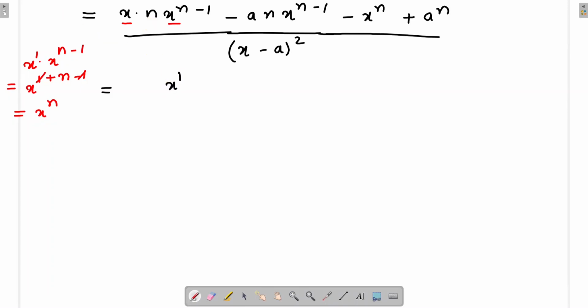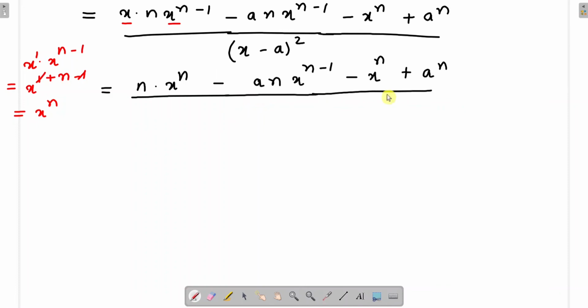So x raised to n you will get, there is n multiplied. So here you will get n multiplied by x raised to n. So minus, this will be the same term, a n x raised to n minus 1 and minus x raised to n plus a raised to n, divided by x minus a the whole square. So this is the solution for the last problem, the 8th one.